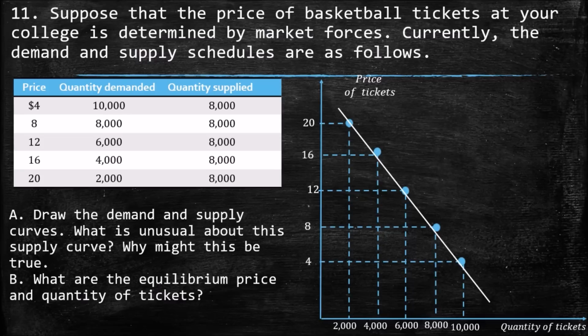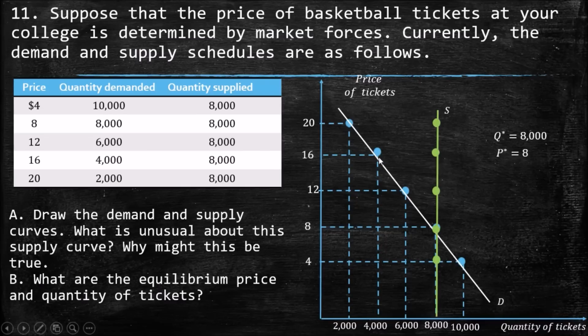So here we have the quantity demanded, which is downward sloping, as we already saw before. Here we have the other case, the quantity supplied, which you realize for every price is 8,000. This is the supply. So which is the equilibrium price and quantity?